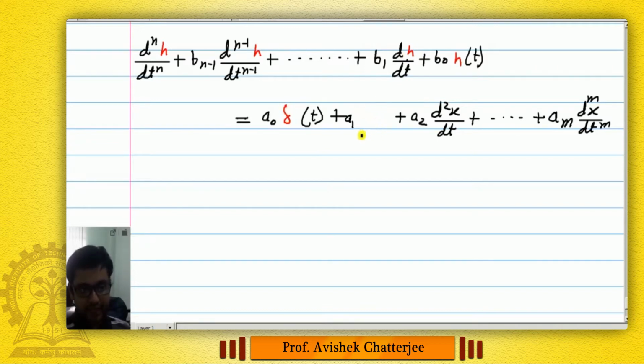This you can write as delta dot, delta double dot, and this will be the mth derivative of delta impulse function.